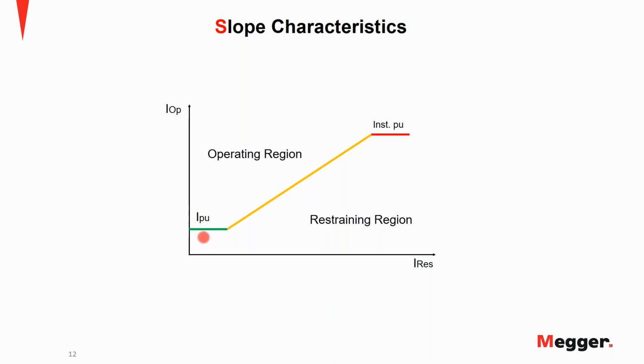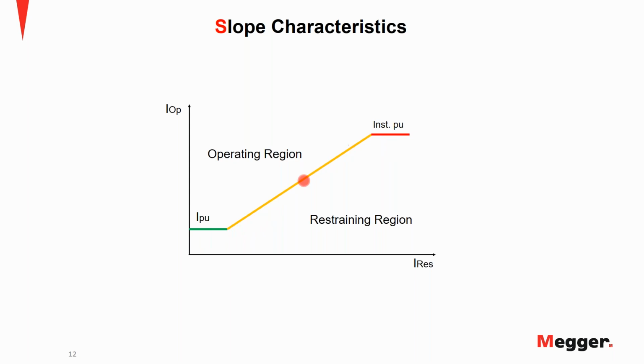The characteristic is going to be divided into two regions: an operate region and a restraining region. The characteristic will also have at the top our instantaneous value. So at some point when the current gets too high, we have to just completely shut the system down, because now we're getting into a whole other situation. So we do have to have some minimum pickup value.